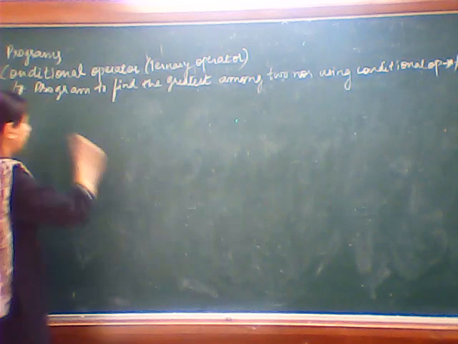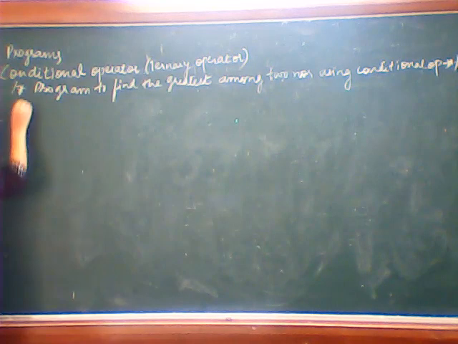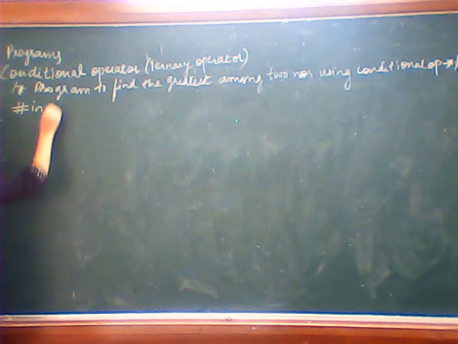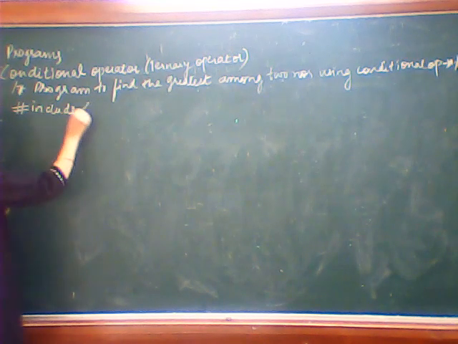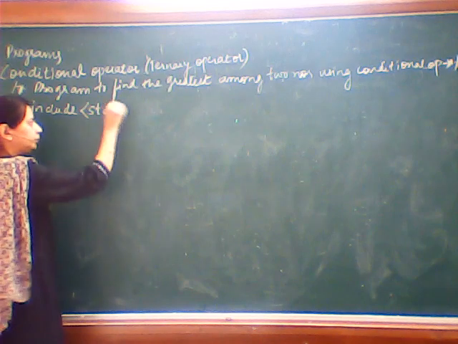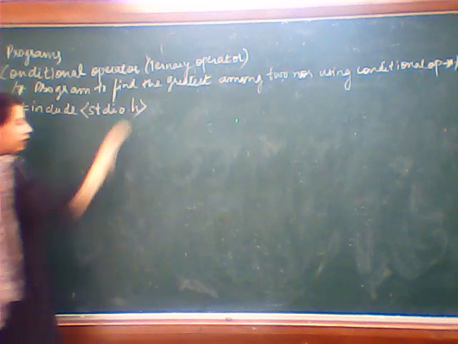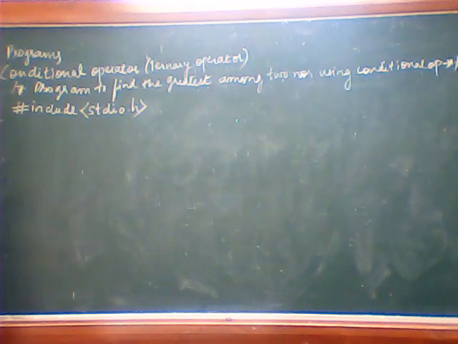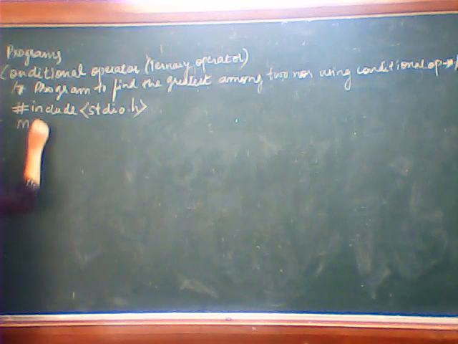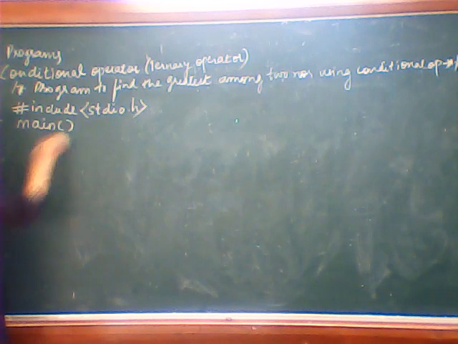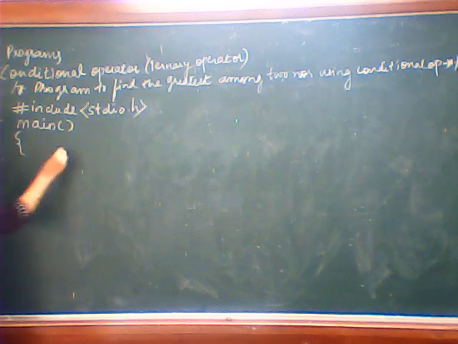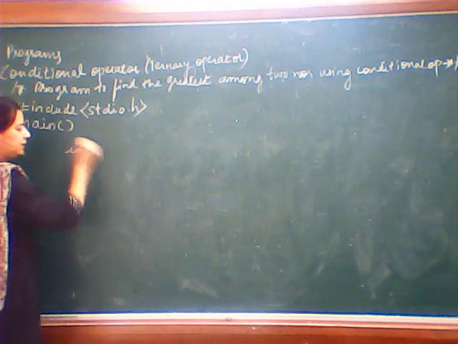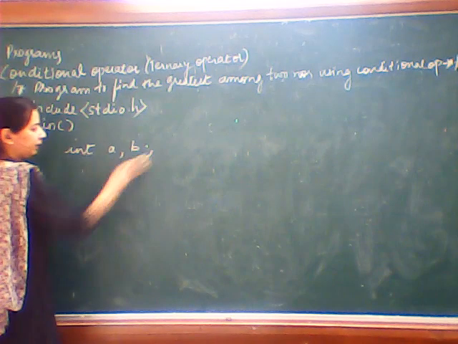Accordingly, we will write the program. We will write hash include stdio.h. After that, we are going to write main. And in main, let us declare 2 integer variables A and B.